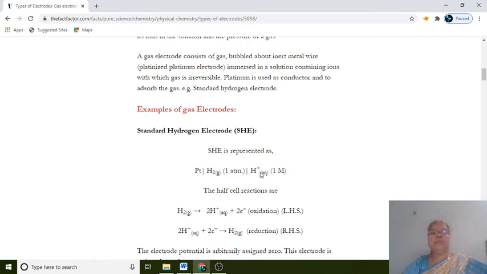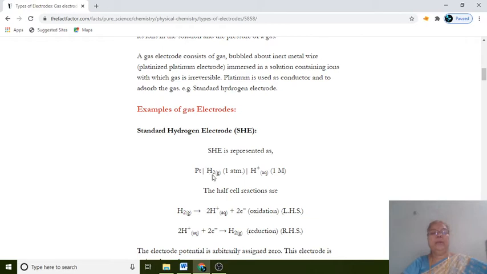When the concentration of H plus ions is unity, that is 1 molar, and the pressure of the gas is 1 atmospheric pressure, we say this electrode is the standard hydrogen electrode.